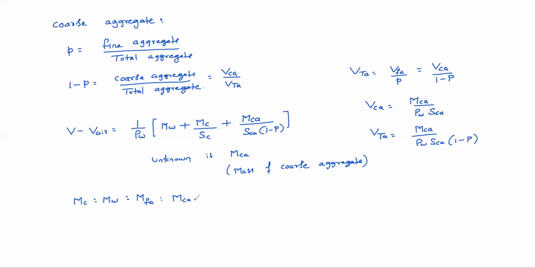Example. Take an example. Suppose cement 410 kg, mass of water 180 kg, fine aggregate 570 kg, coarse aggregate 1200 kg.